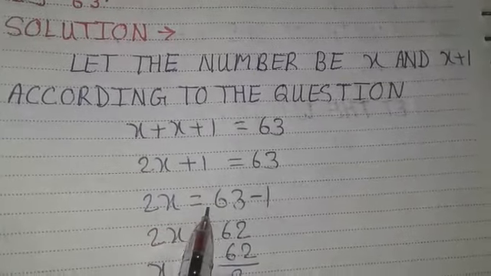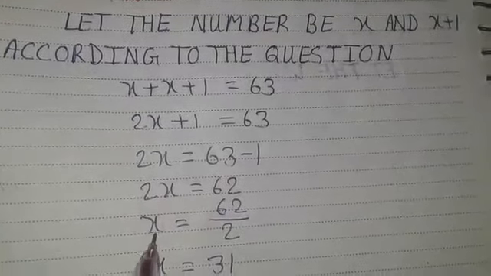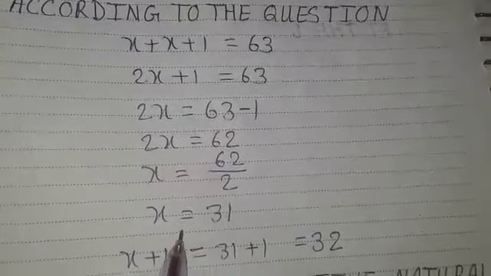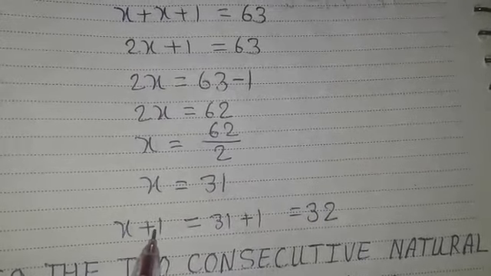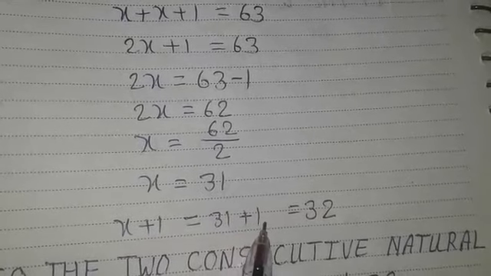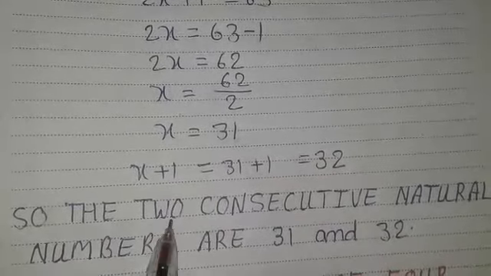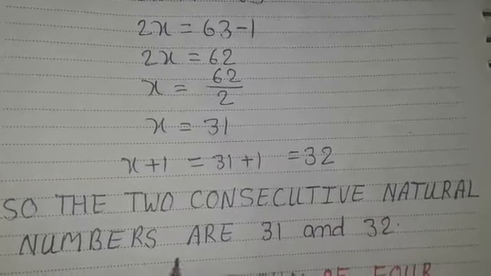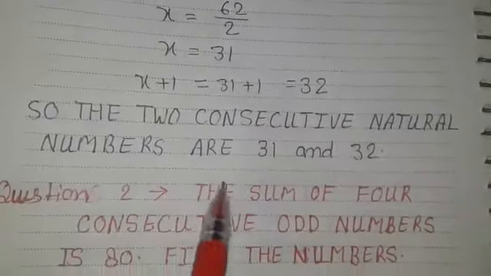So 2x is equal to 63 minus 1. So 2x is equal to 62. So x is equal to 62 upon 2. So x is equal to 31. x plus 1 means 31 plus 1 is equal to 32. So the two consecutive natural numbers are 31 and 32.